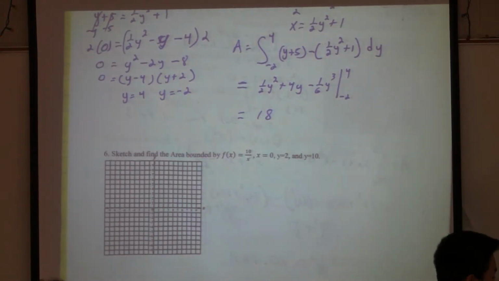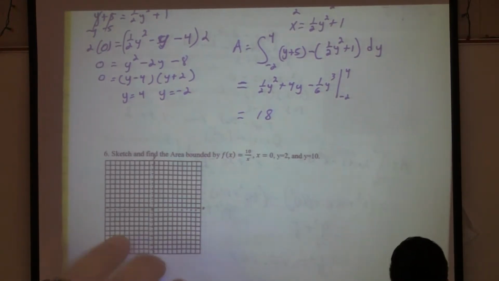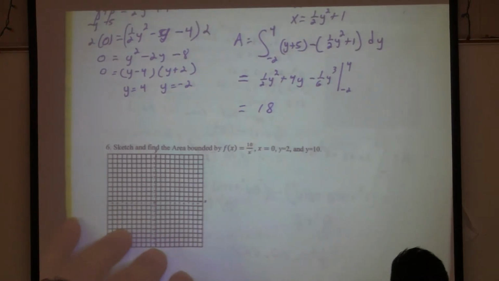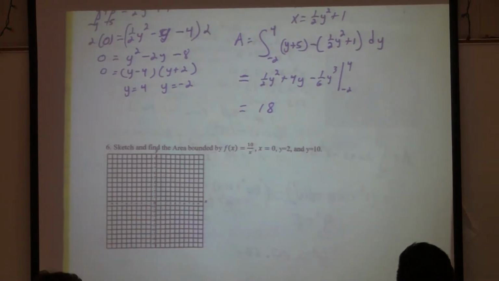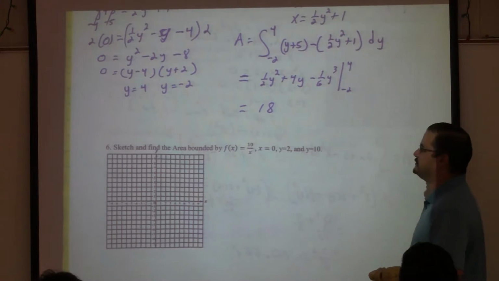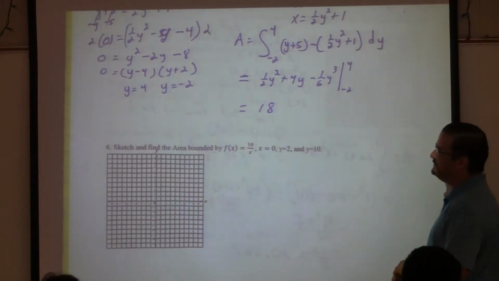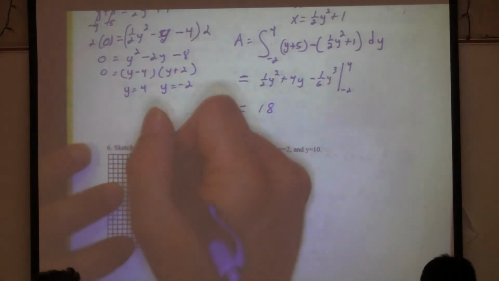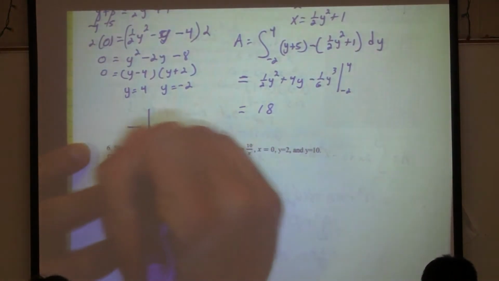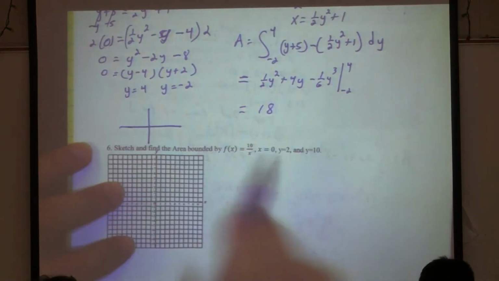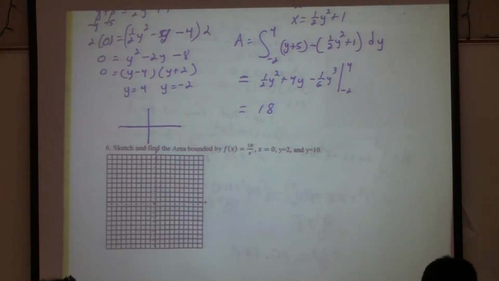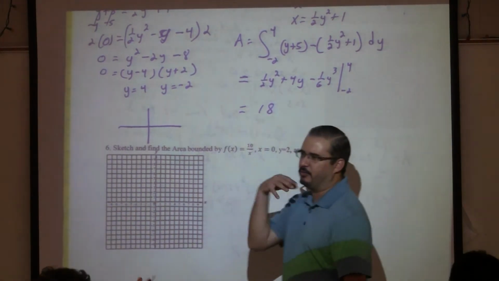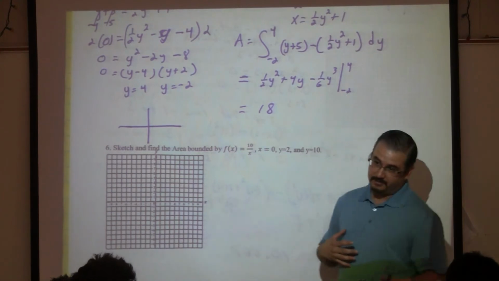Alright, one more. Sketch and find the area bounded by this, x equals 0, y equals 2, and y equals 10. So what does 10 over x look like? It's 1 over x times 10.